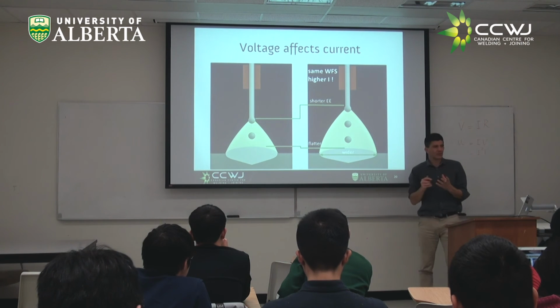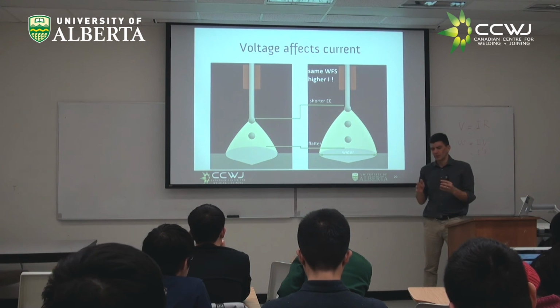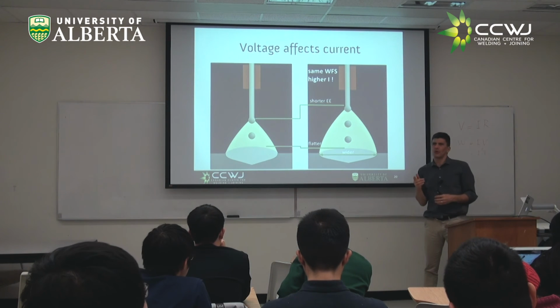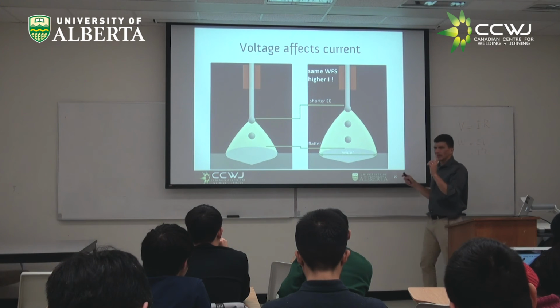This is amazing because now you can start making sense out of things. If you want a weld to be wider, you would increase the voltage, but you know what's happening if you increase the voltage. What happens with the current? All right. Oh, by the way, another interesting thing.